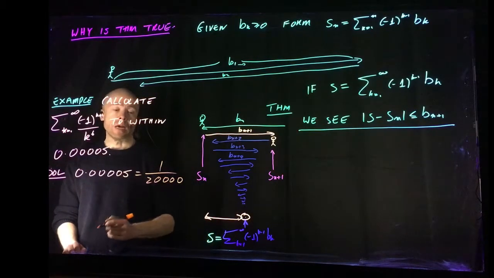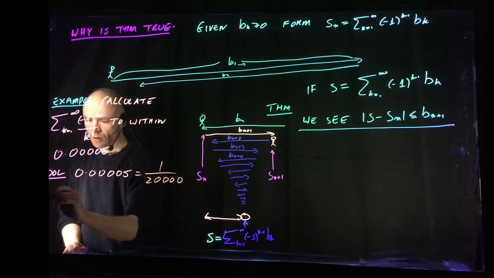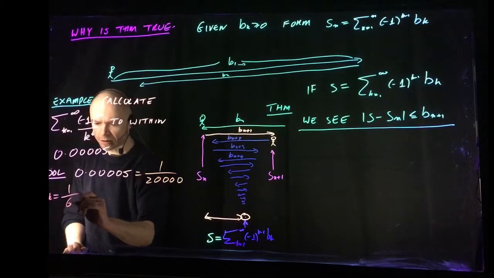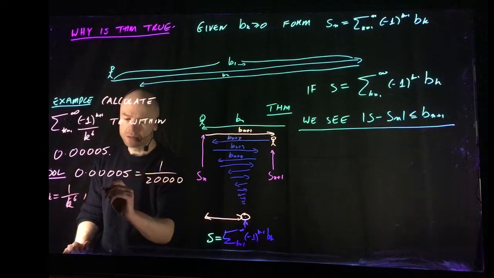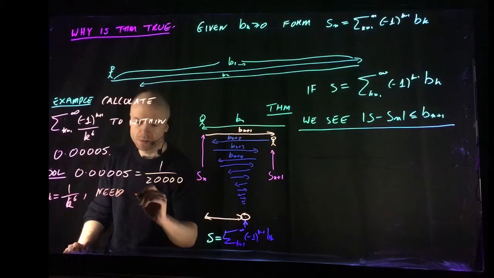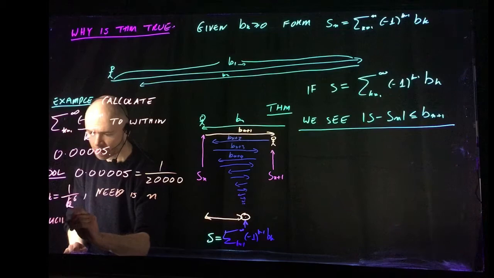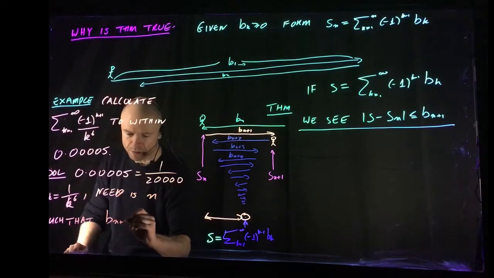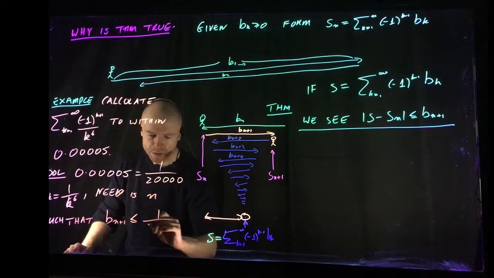Okay? And we know from the theorem that if we let bk be these numbers, 1 over k to the 6, then what we need is n such that bn plus 1 is less than or equal to 1 over 20,000.